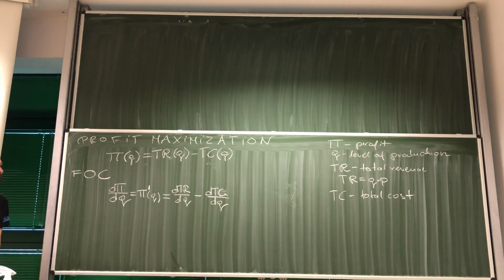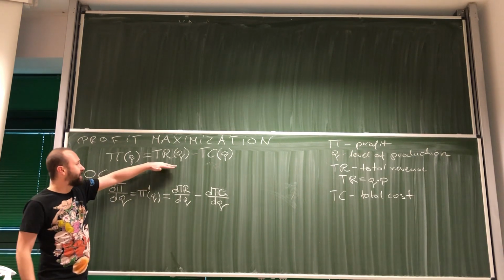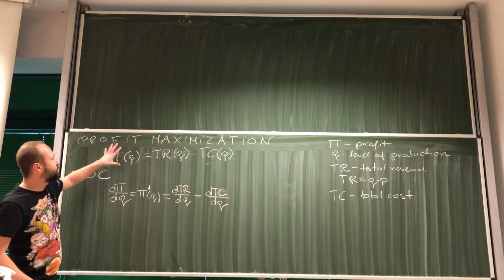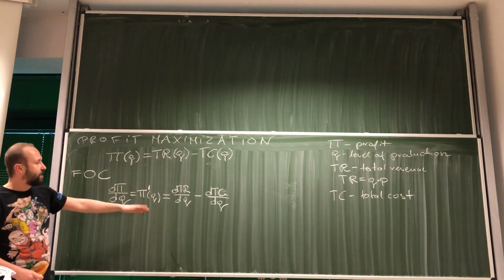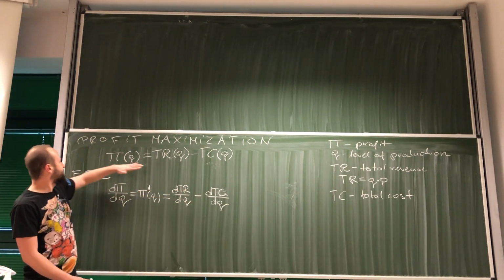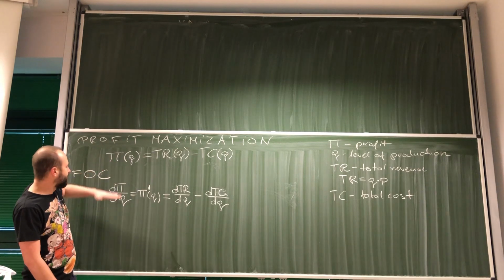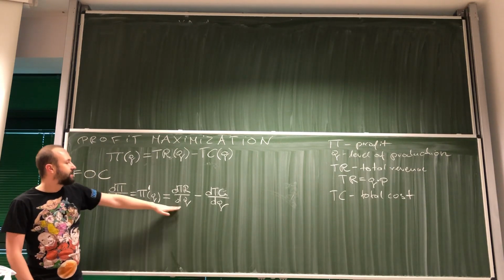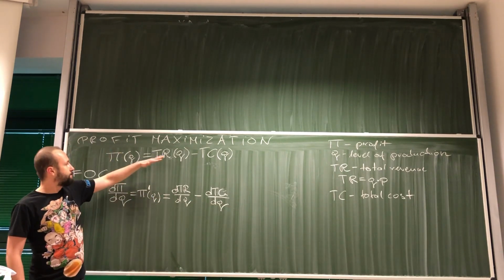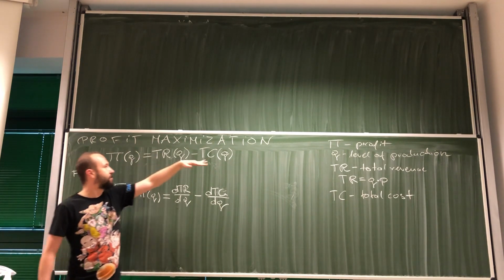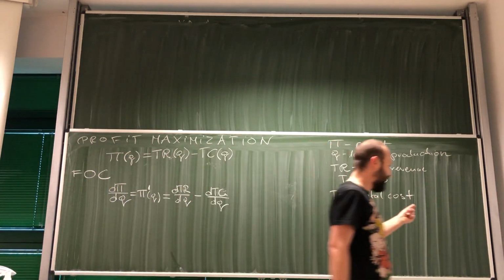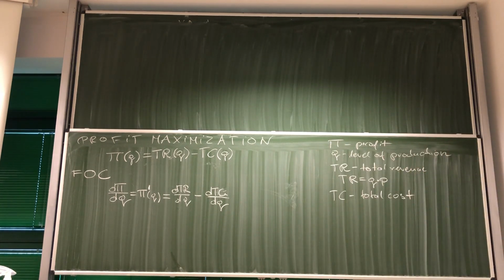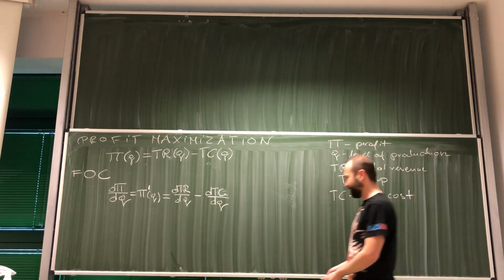Remember that even though we have no idea at this moment what is the specific form of this function, it does not prohibit us from expressing the first derivative of the profit as a difference of the derivative of total revenue and total cost. Why?